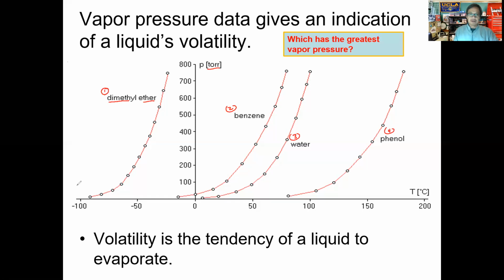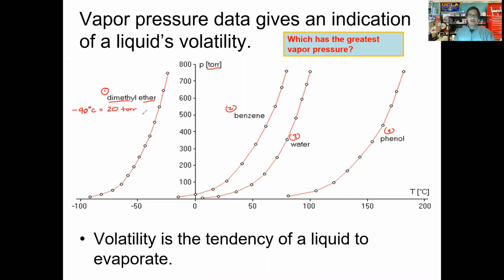At about negative 90 degrees Celsius, let me write it up here so we can follow where it's going. At negative 90 degrees Celsius, the vapor pressure is probably less than 10, about 20 torr.